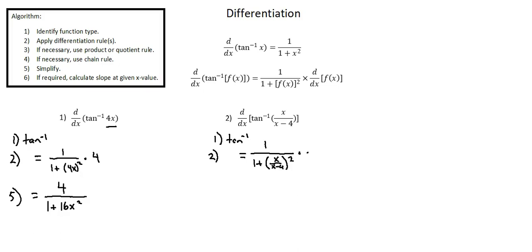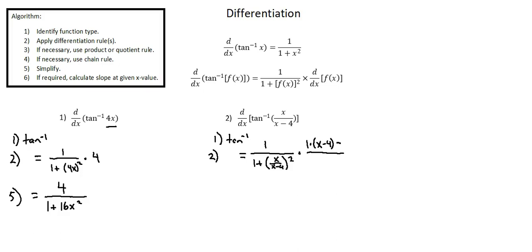The quotient rule is in evaluating the two functions we're given, which are x in the numerator and x minus 4 in the denominator. We're going to multiply first the derivative of the first function. The derivative of x is 1 times the second function, x minus 4.